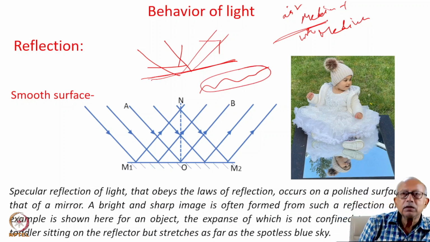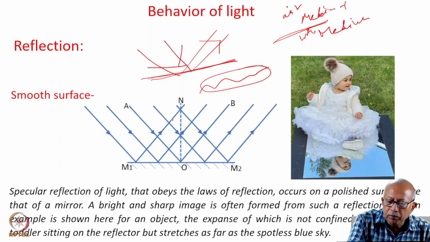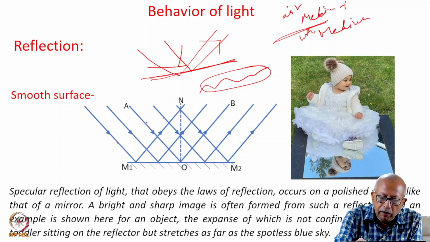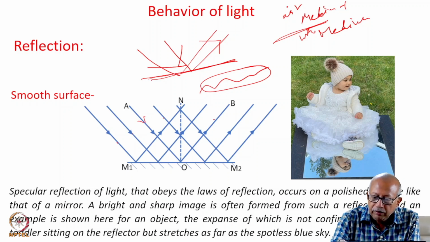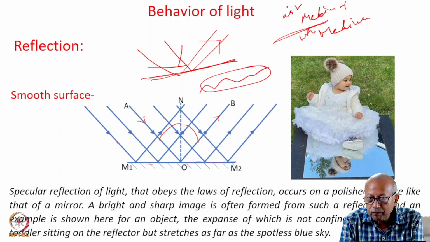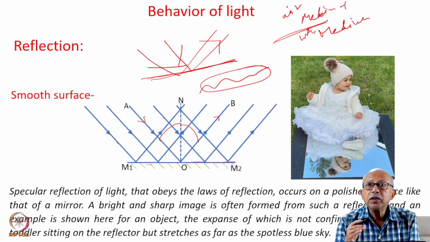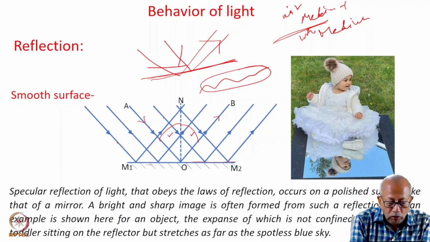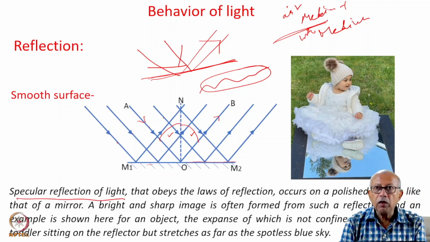Let us consider first a smooth surface. When a parallel beam of light shines on such a smooth surface, then the incident ray and the reflected ray make equal angle with the normal on the reflective surface. Such a reflection, where angle of incidence and angle of reflection are the same, is called specular reflection.